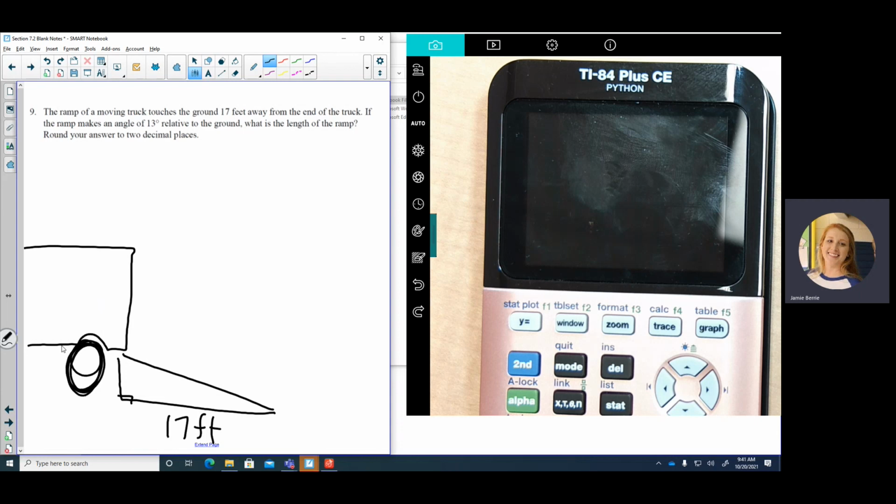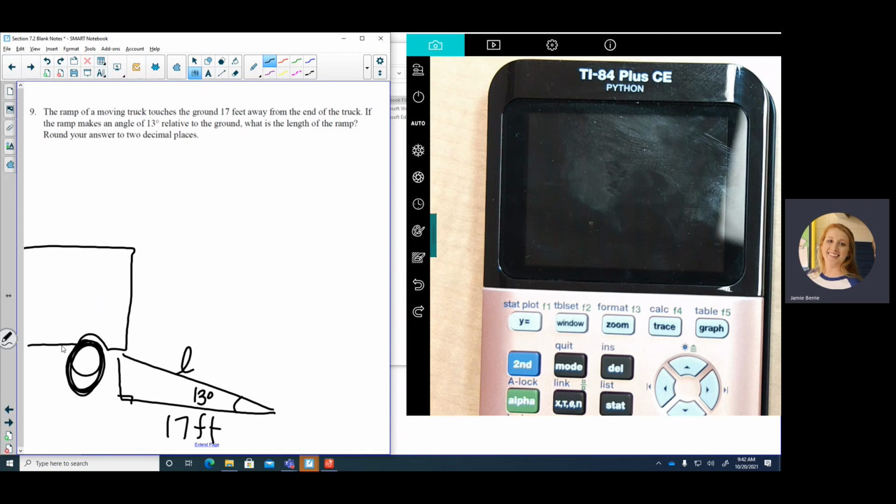That looks better. Now it doesn't look like my truck is hovering. All right, so it says if the ramp makes an angle of 13 degrees relative to the ground, what is the length of the ramp? We'll call this L for length. That's just a little cursive L.